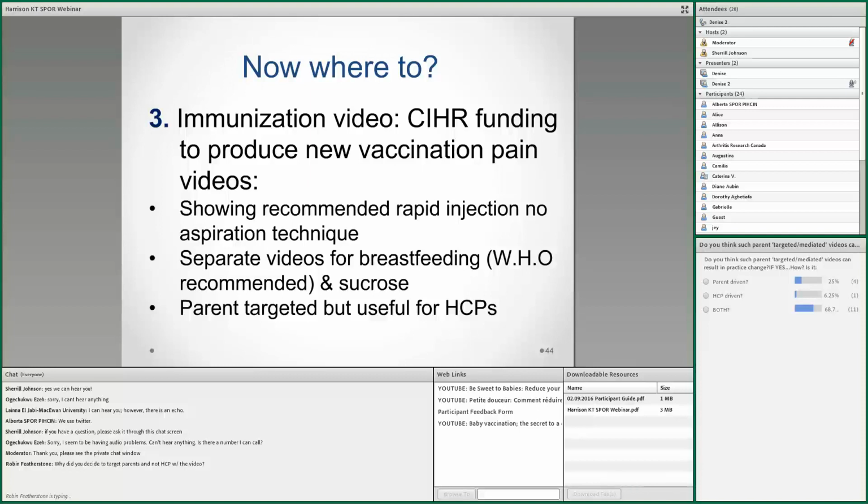And that's because sucrose does have a cost, it's not always available, and it could potentially involve water, so we're not always confident of the water safety, whereas breastfeeding can be encouraged in any setting. We also know that these are parent-targeted but useful for healthcare providers.